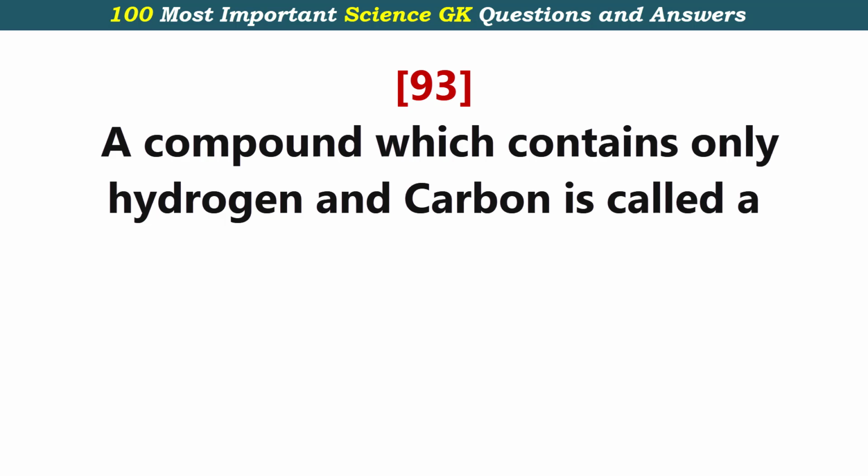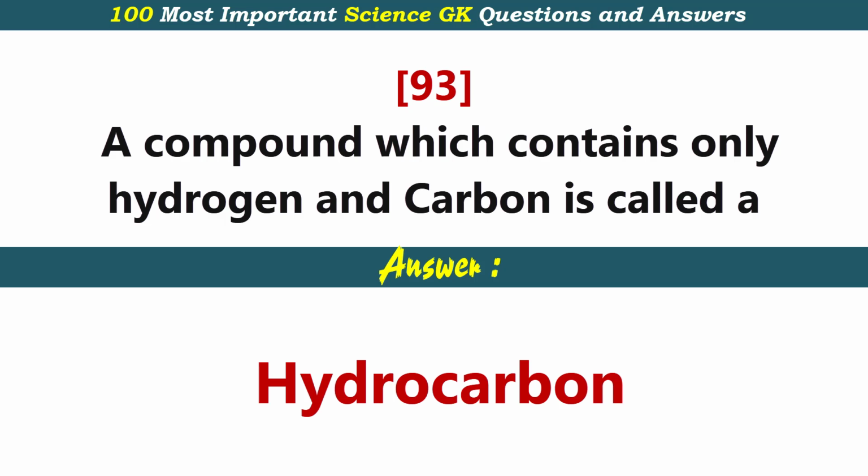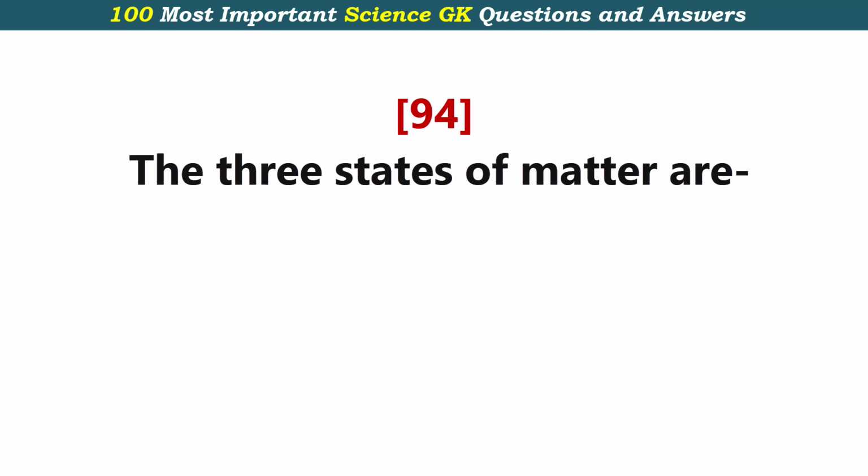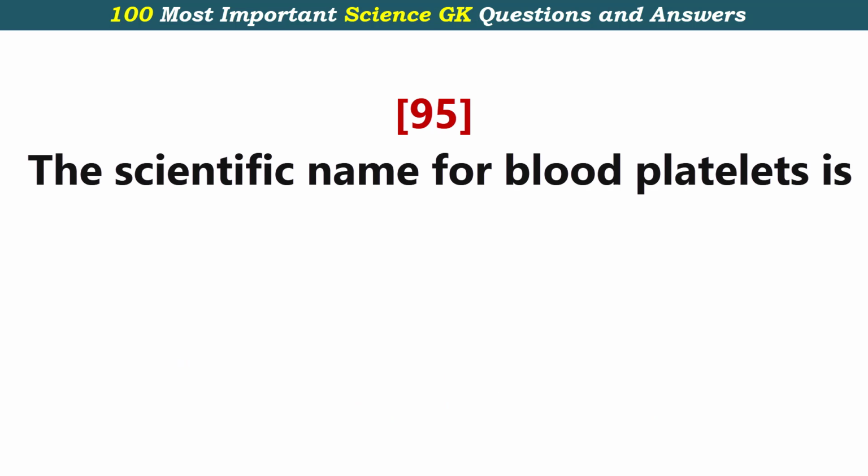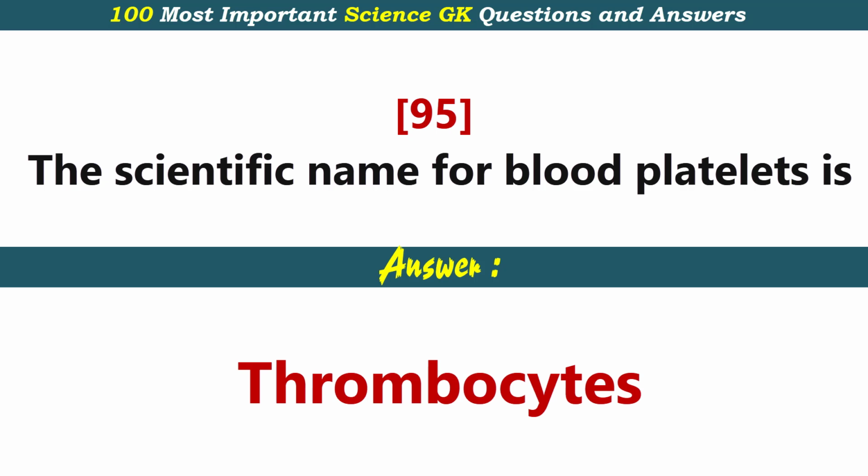A compound which contains only hydrogen and carbon is called a? Answer: Hydrocarbon. The three states of matter are? Answer: Solid, liquid and gas. The scientific name for blood platelets is? Answer: Thrombocytes.